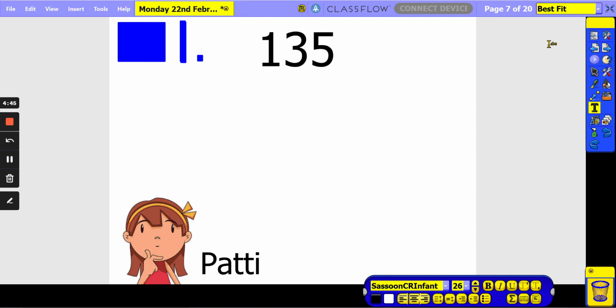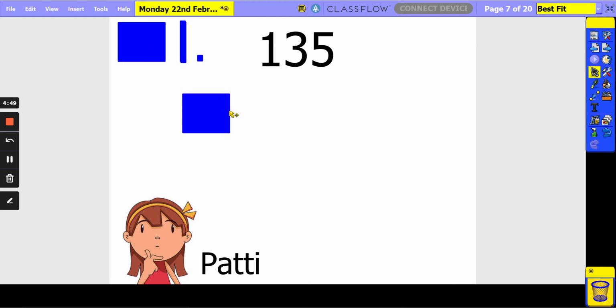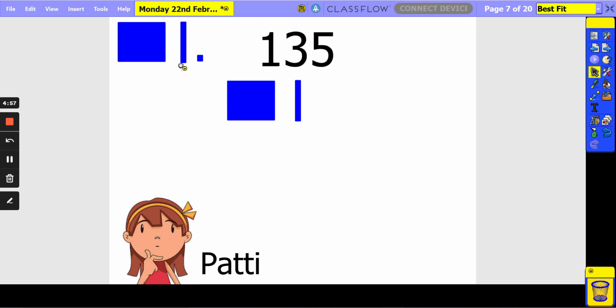Fantastic job. Let's work this one out together. So as I've said before, you've got your 100 squares. So we've got 100 already. And we need 3 10s because that's in our 10s column. You've got 1, 2, and 3. Well done. Now we need to work out our ones.